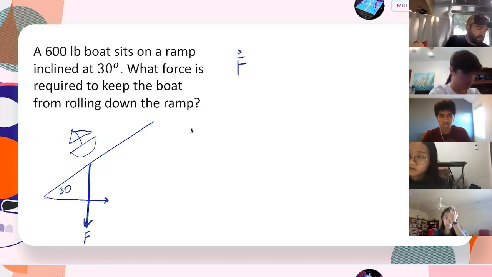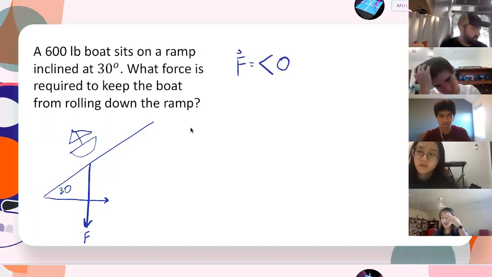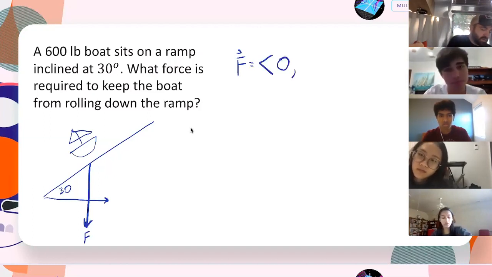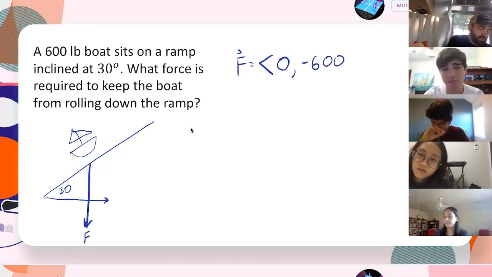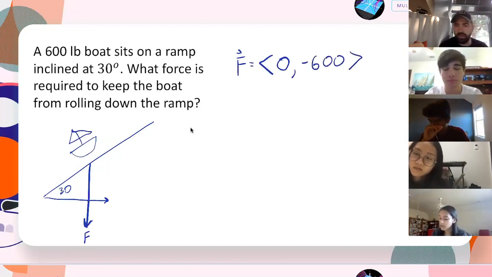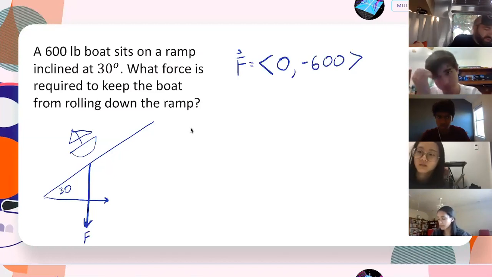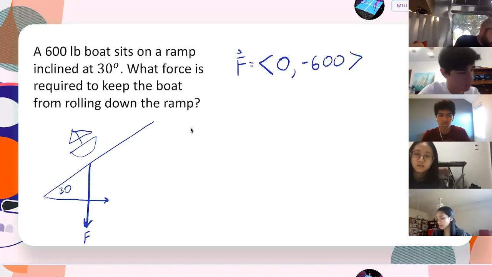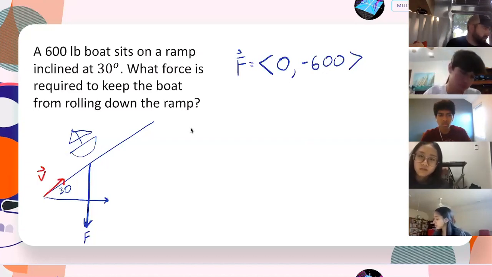And if you think of gravity, it's going to pull straight down. So there's going to be no horizontal component. And then we're pulling down at 600 pounds. So you'd have a -600 right there. V would be the ramp itself. So for V we're looking for a vector going parallel to that ramp.